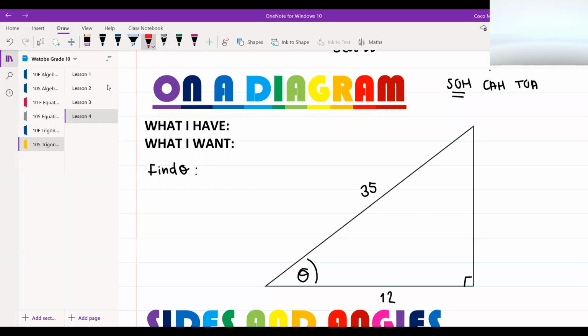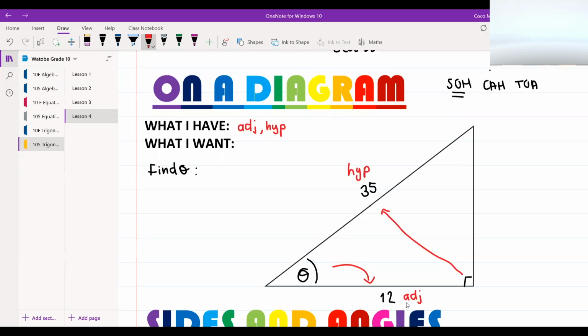Tell me, what side do we call this side, the side right next to my angle? Ma'am, we call it adjacent. Good, it's my adjacent side. And this side opposite my right angle is called? The hypotenuse. Excellent. So I've got my adjacent and my hypotenuse. Now, between SOH, CAH, and TOA, which one uses adjacent and hypotenuse?